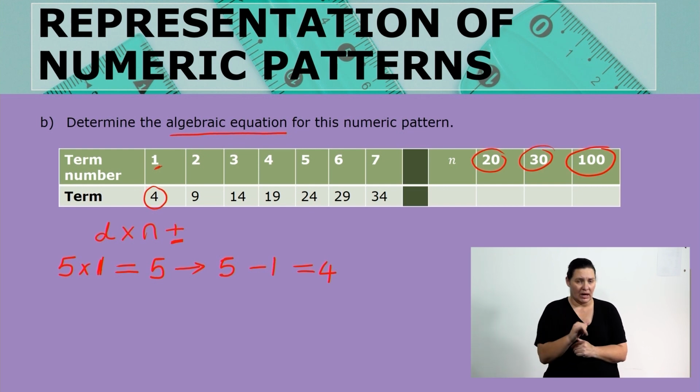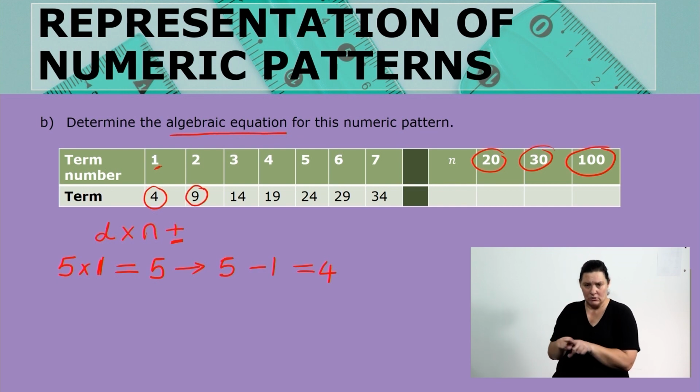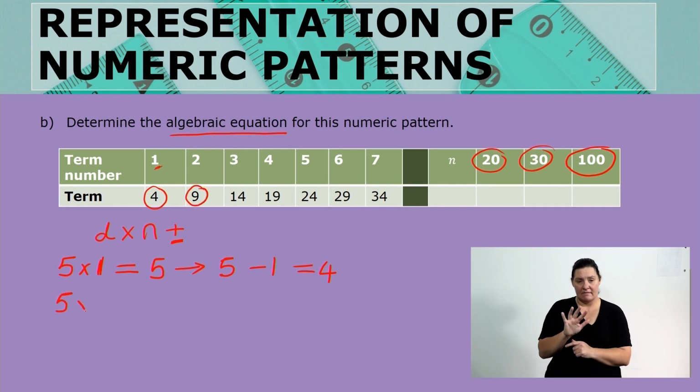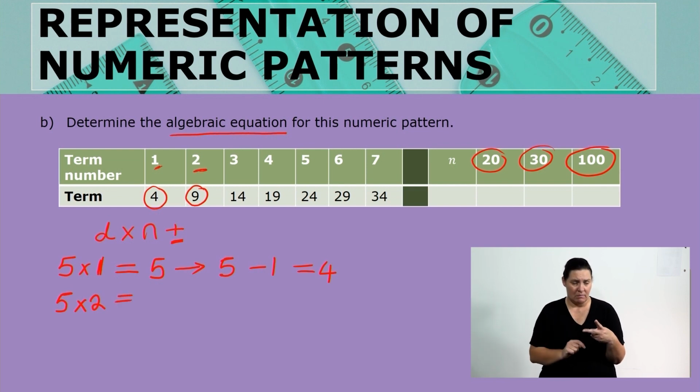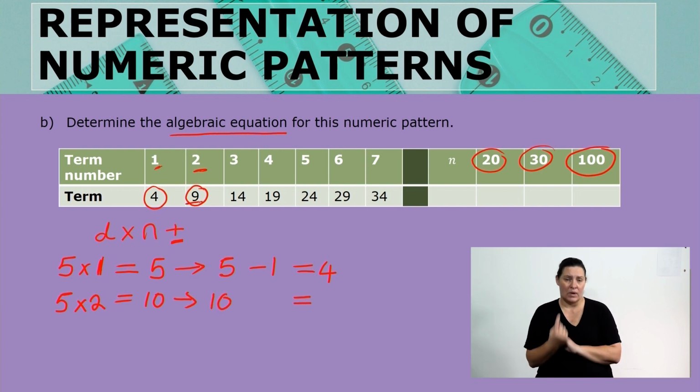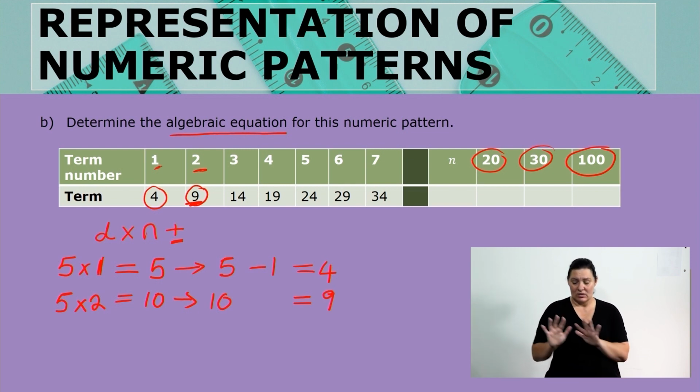But now to check if this minus 1 is the correct one, let's just work with the second term as well. That is going to be 5 multiplied by 2 because that is our second term that we are working with. And then 5 multiplied by 2 is 10. But now from this 10, I need to get to the second term, which is 9. And how do I move from 10 to 9?